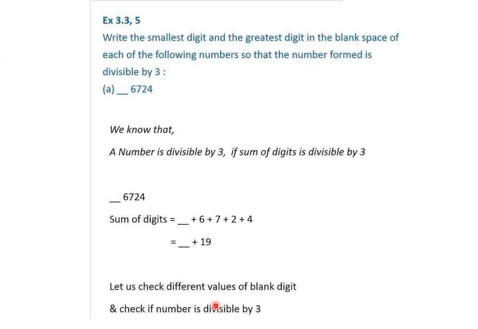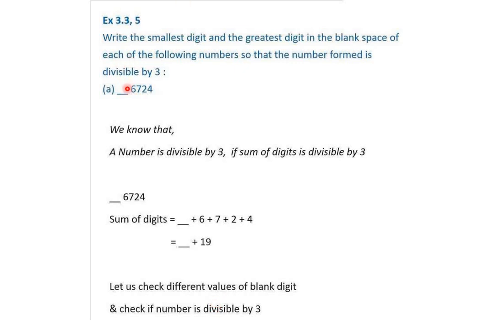The next one will be question 3, part A. We need to find out the blank space digit. Here in this question, write the smallest digit and the greatest digit in the blank space of each. We have to find the smallest and the greatest, and the number must be divisible by 3. So for that we need to do the addition of the digits.